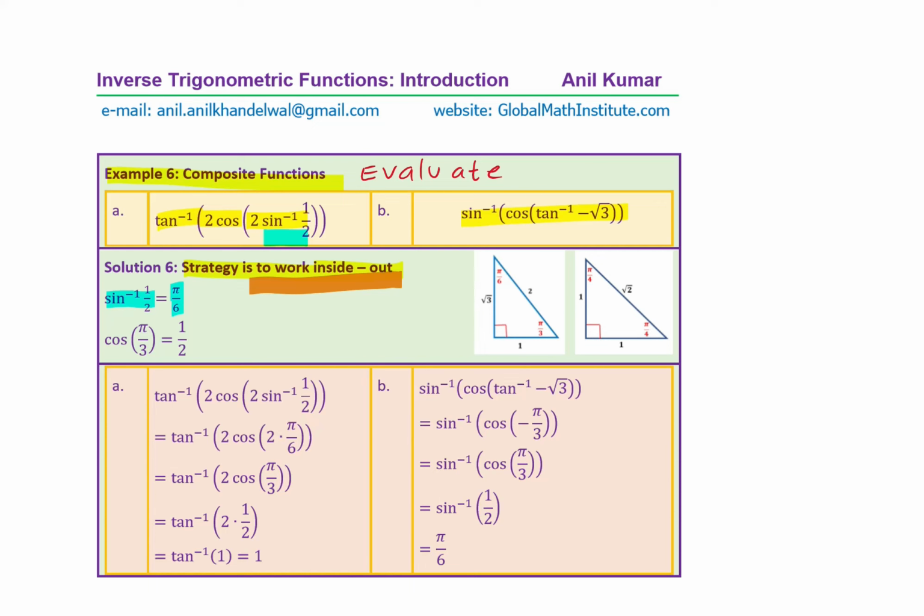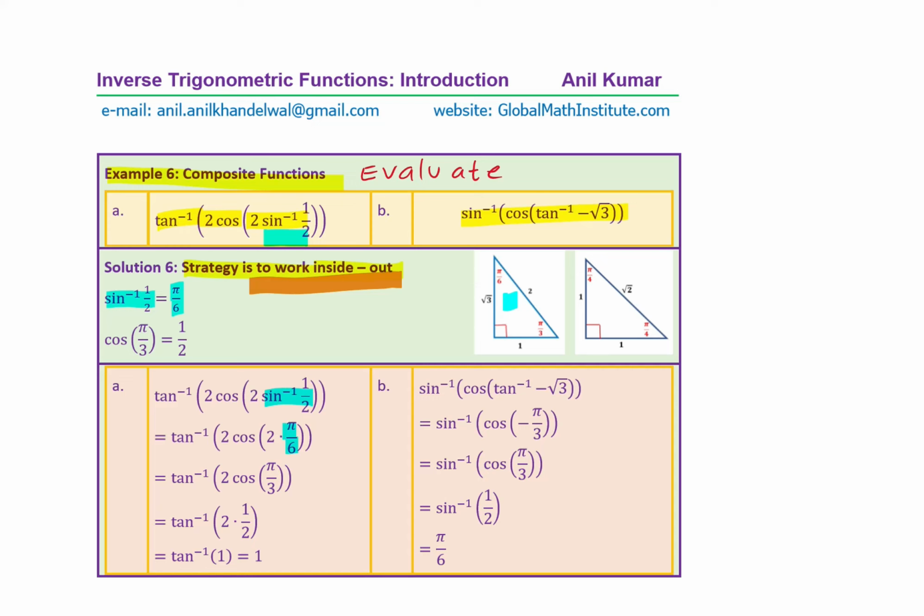So these triangles really help us to understand the value, correct? To begin with, you can always draw these triangles and then confirm your answers. So while evaluating, sine inverse of half will be written as pi by 6, right? Now in this expression, it is 2 times, so we'll multiply by 2 and simplify it.